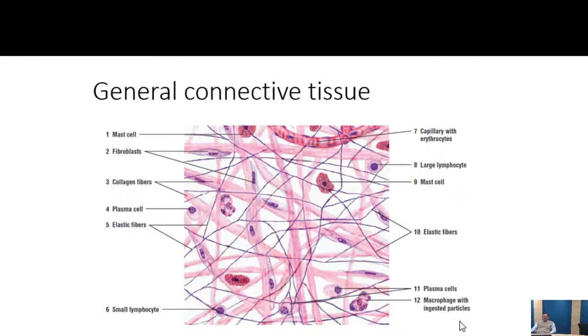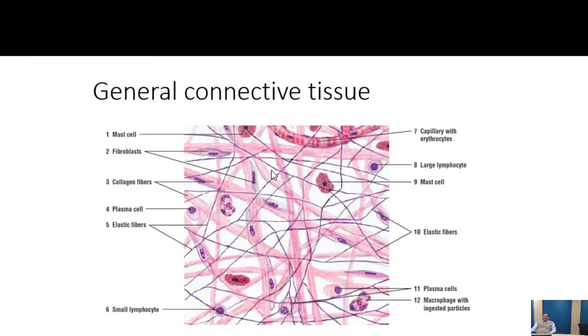Here is a macrophage, so it has ingested some foreign particle over here. You can see the granules within the mast cell, and you can also see the main cell of the connective tissue, which is the fibroblast. You can see the fibroblast is an elongated flat cell with a spindle-shaped nucleus, and it is lying in close contact with the collagen fibers.